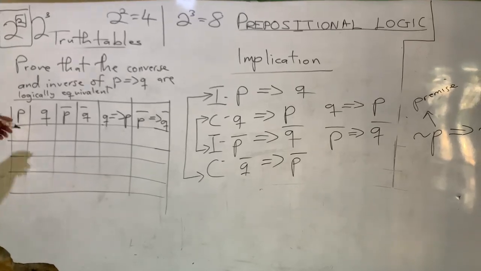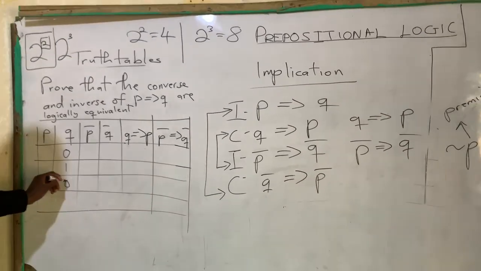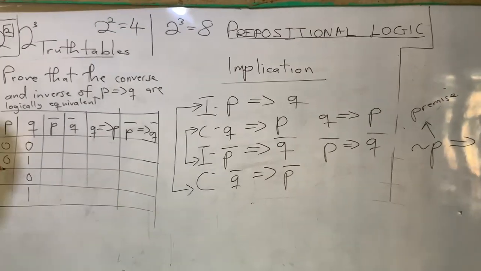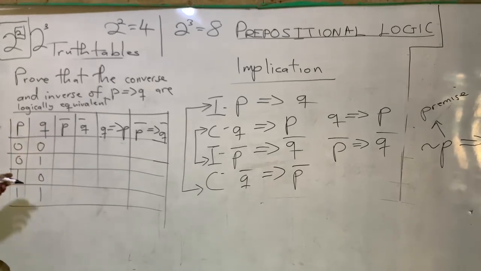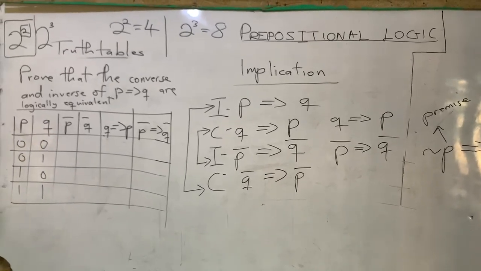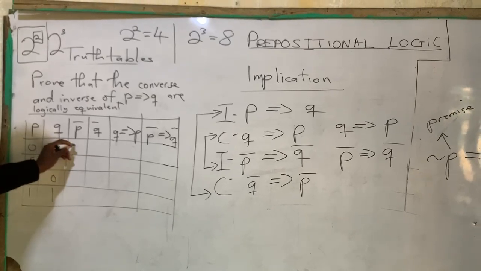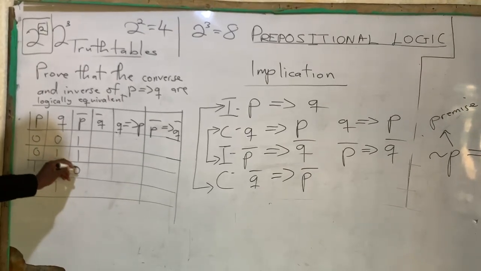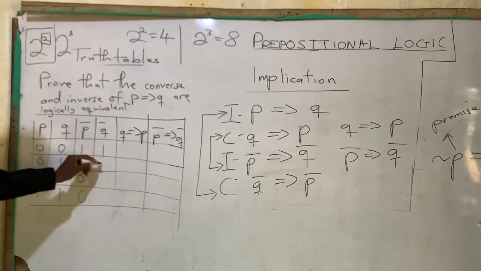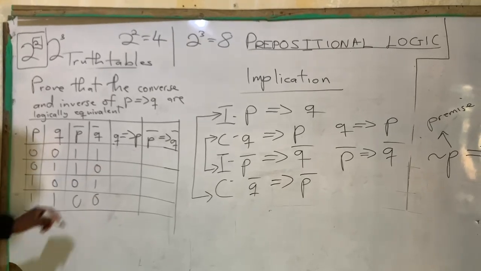Good. So P and Q, we're going to have 0, 1, 0, 1, 0, 0, 1, 1. At this point, this aspect is child's play, so I won't even go through it again. Not P, right? You're going to have what? 1, 1, 0, 0. Not Q, you're going to have 1, 0, 1, 0, right?